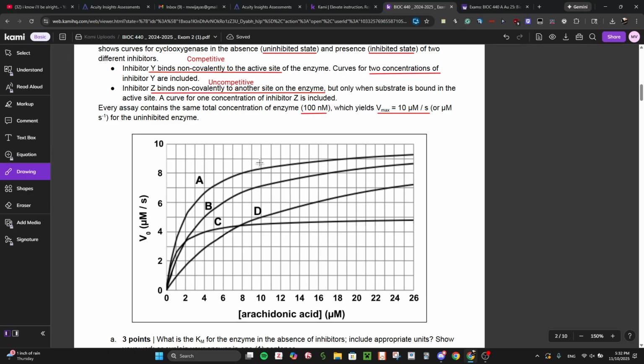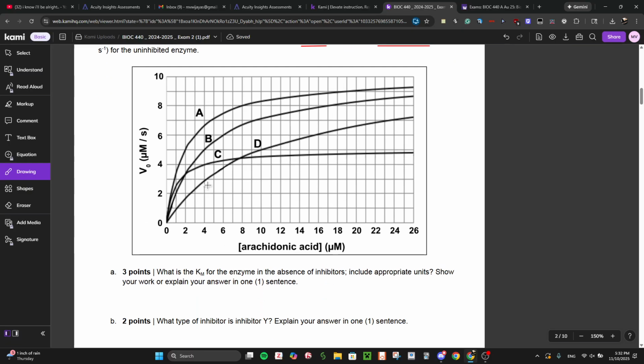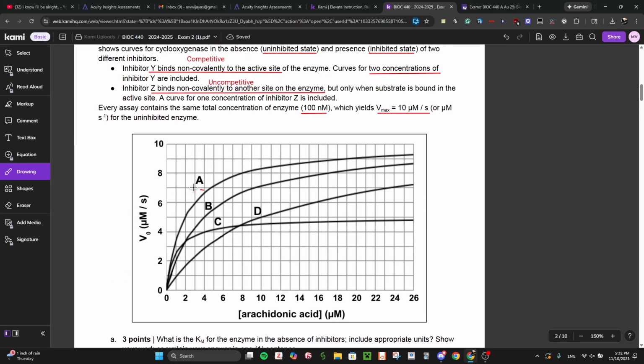The only ones here that even could possibly reach that are A, B, and D, right? Based off of how this graph is set up, it looks like A is going to be my wild type, just because it's got the Vmax depicted in this question, and two, it's got the lowest Km without any effect on Vmax.